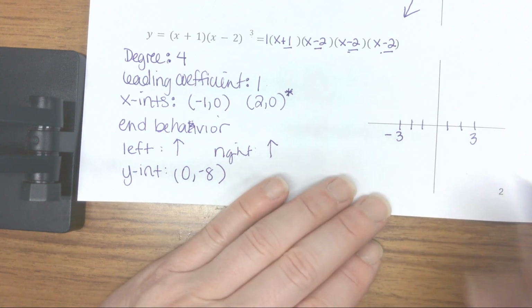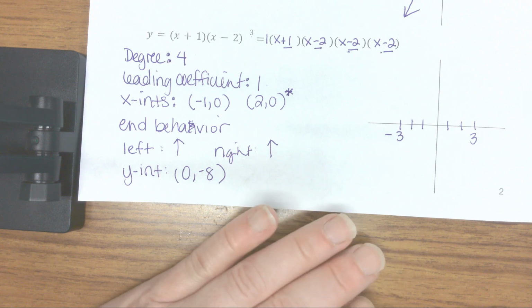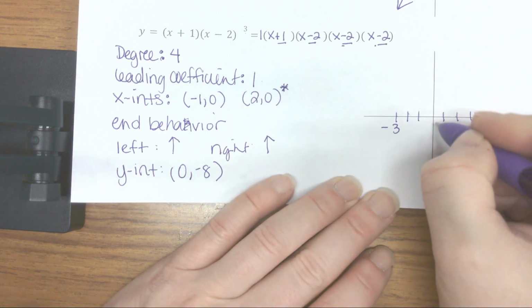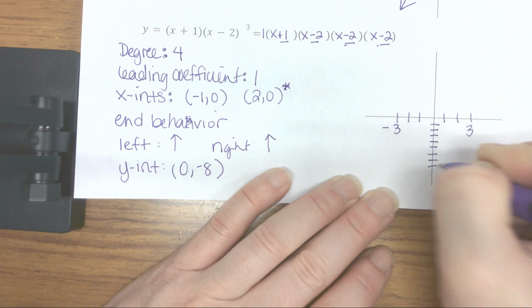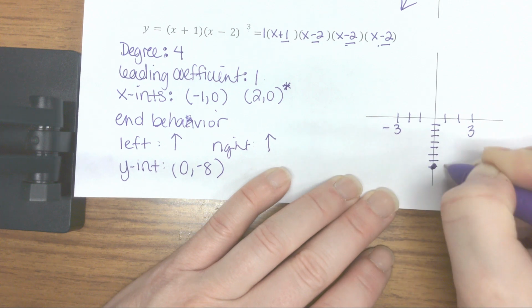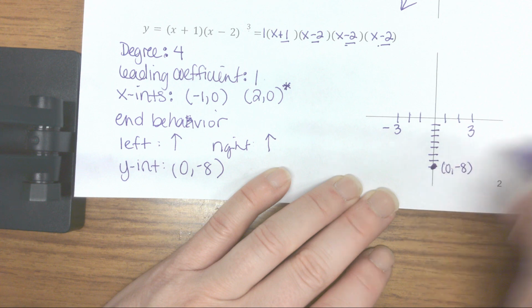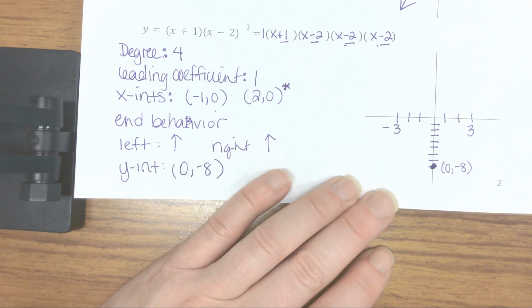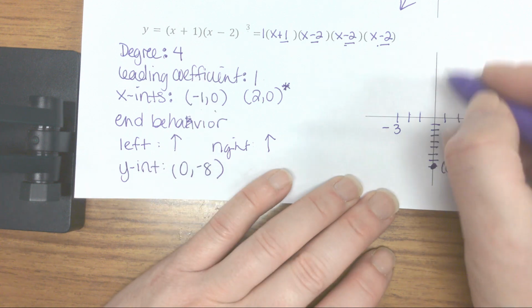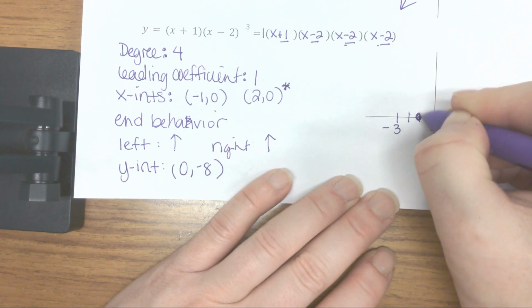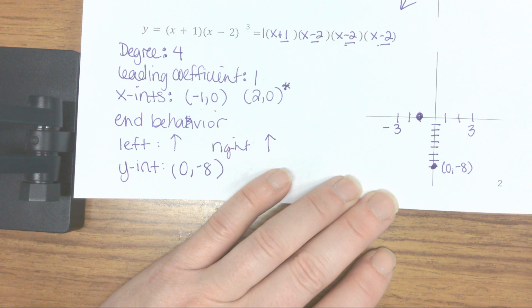Or if you want to just make a mark down there and make sure it's labeled -8. All right, so let's put an x-intercept. We're going to put a point at -1, 0 and a point at 2, 0.